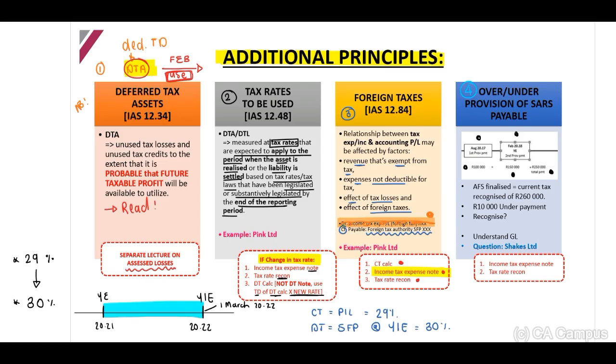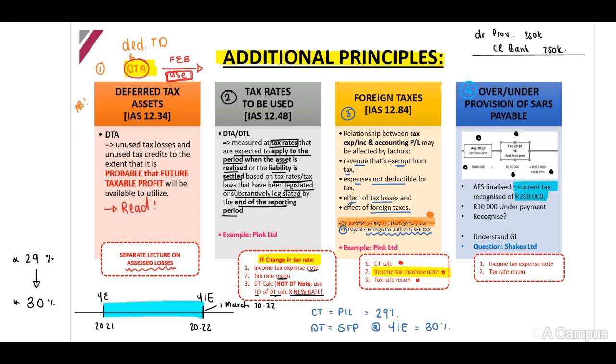Therefore, if you think about your journal entries, you debit your provisional payment, and the total will now be the 250,000 if I add the journals, and you have credited your bank with the 250,000. Right. But now your financials are finalized and you have identified that the current tax that should be paid is 260,000.